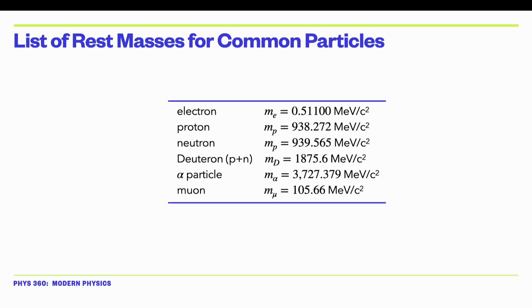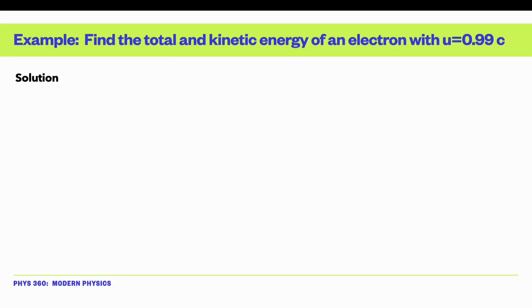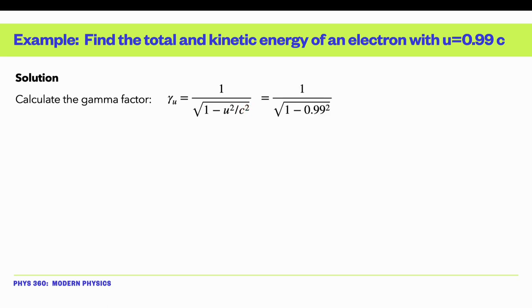So here's an example of how to put some of this into practice. Suppose you wanted to find the total and kinetic energy of an electron that's moving at 99% the speed of light. It's pretty simple. We know its velocity, so you can immediately calculate the gamma factor. Plug in 0.99 for u over c, and you get a gamma factor of 7.09. Total energy is simply gamma mc squared.